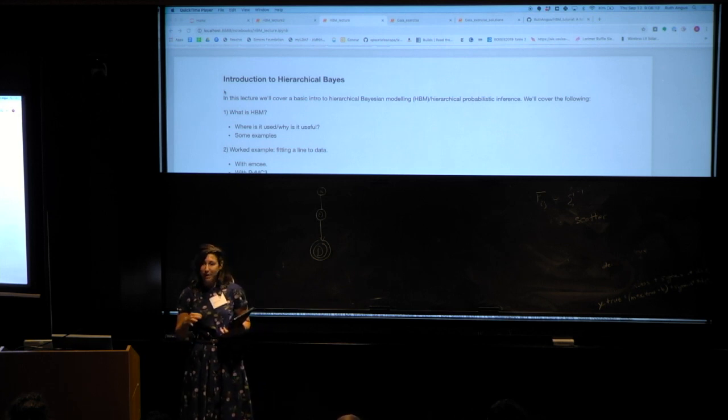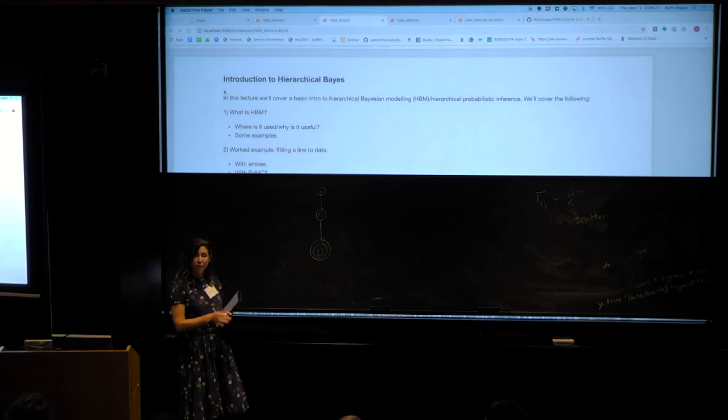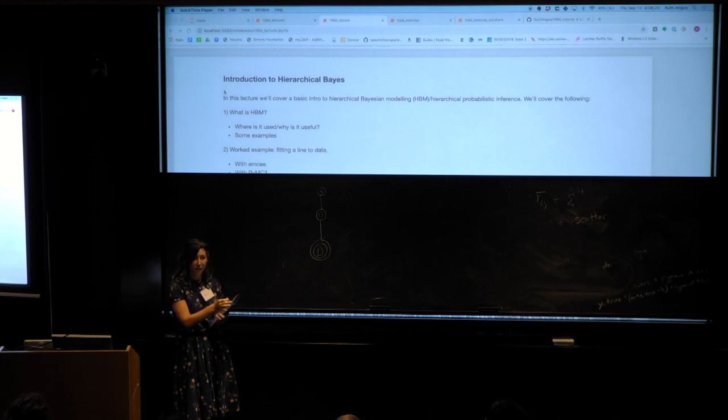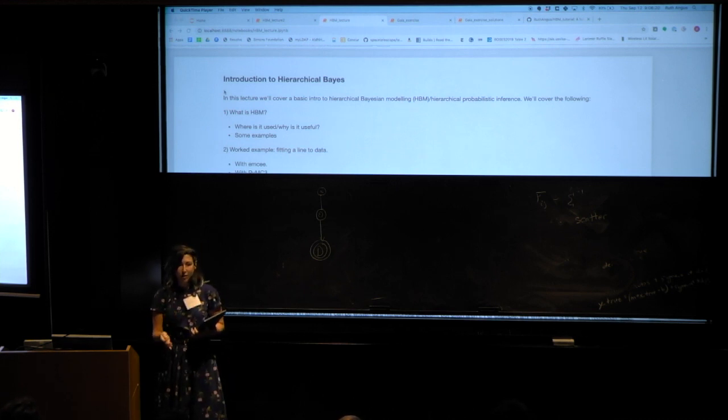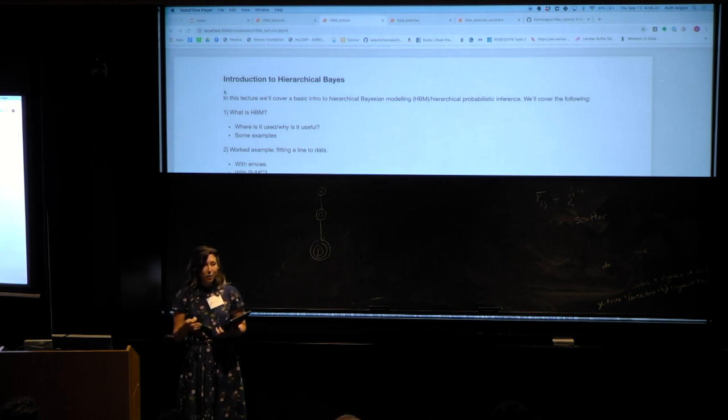So the difference between a hierarchical model and a non-hierarchical model is just whether you fix the prior or whether you infer the prior. That's one way to think of what a hierarchical model is. And so you can now see that any problem you can think of, you can probably turn into a hierarchical problem.